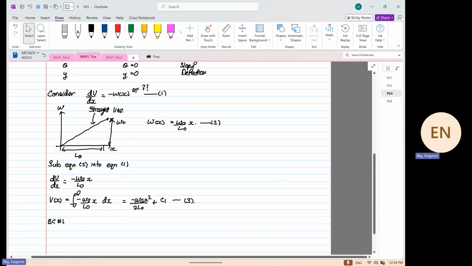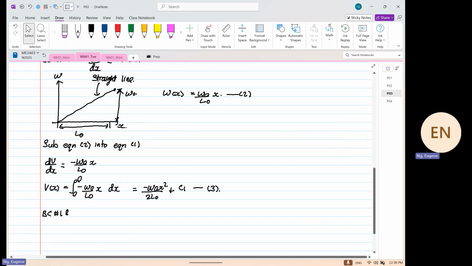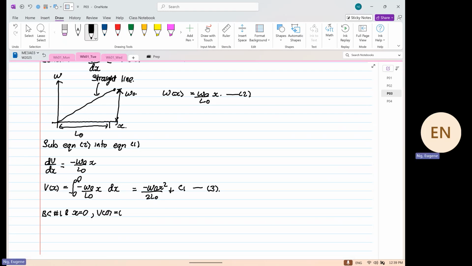So when x is equal to 0, the shear force at 0 is also equal to 0. Therefore, C1 happens to be equal to 0.